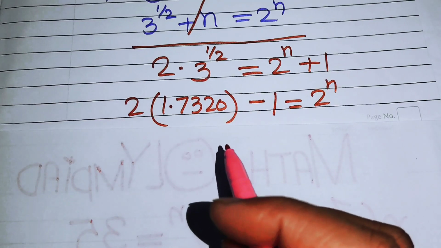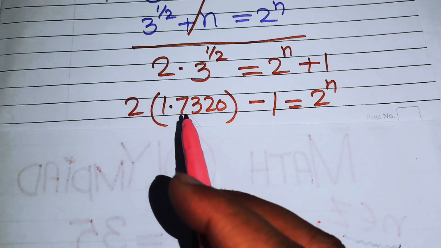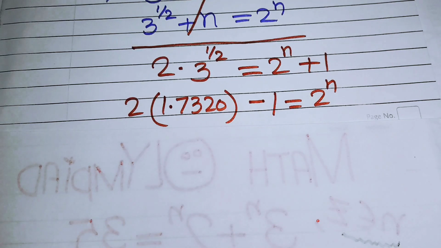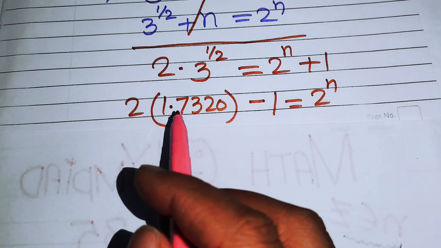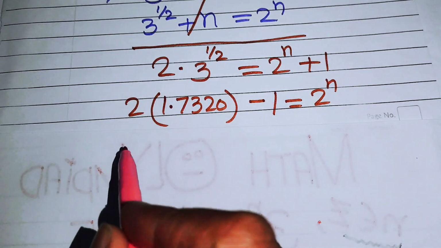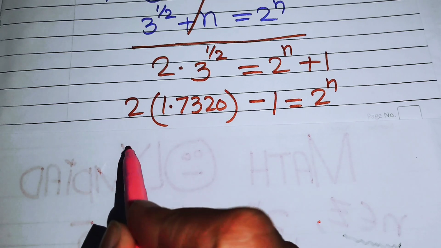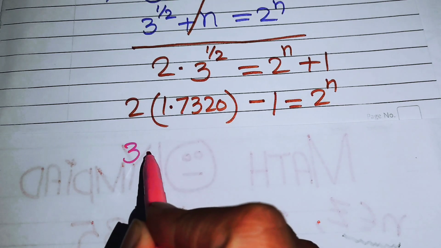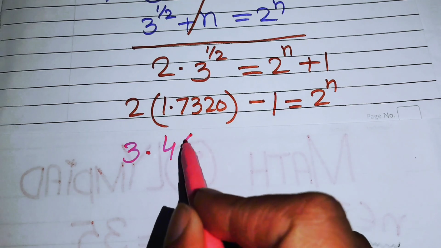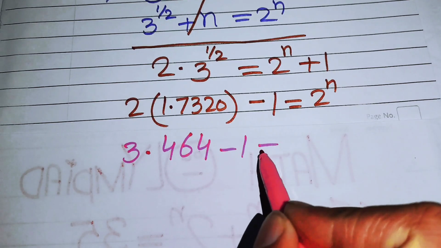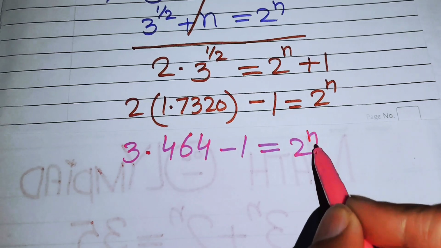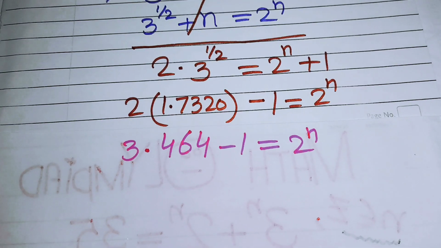And in the next step we multiply this 2 with this term, and we get here 2 times 1.7320 equals 3.464, and this is the minus 1, and this whole equals 2 to the power of n.